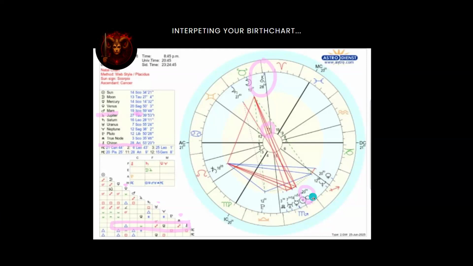We can also see Mars here, which is the planetary ruler of Chiron in this case, is in the 5th house. So the 5th house has a lot going on in it. It's not only got some things that are strongly in opposition to Chiron, it also has the planetary ruler of Chiron.